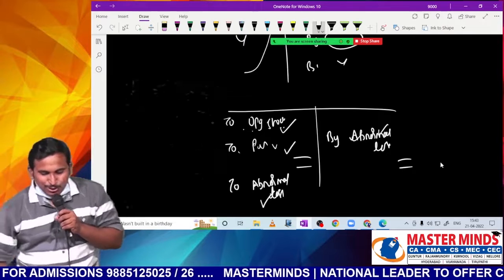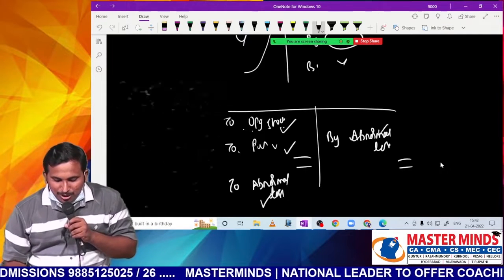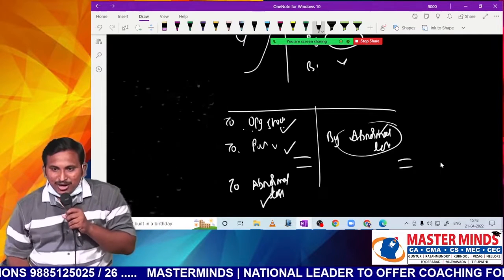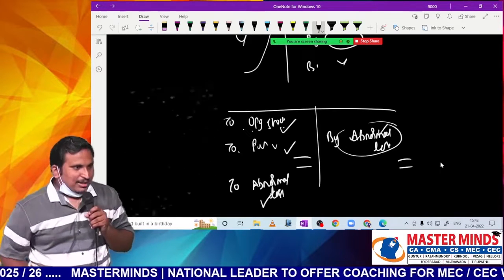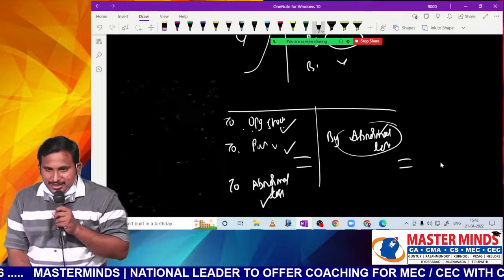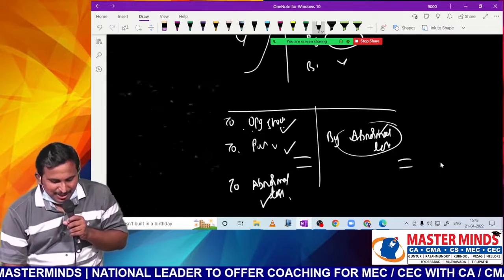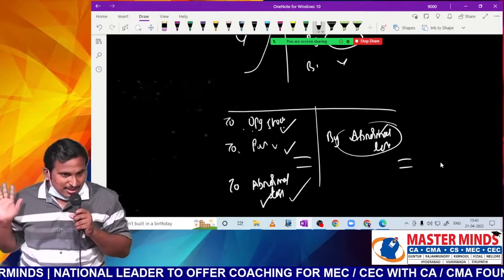Now what I want to say is, abnormal loss should be eliminated from the trading account and should be booked in P&L. Now look here carefully. That means ultimately abnormal loss gets booked where, sir? P&L.